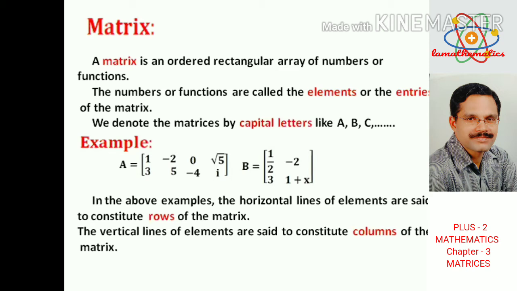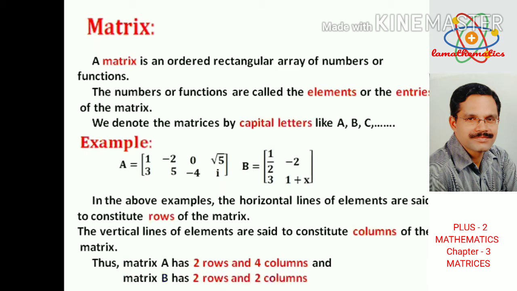Horizontal lines of elements are said to constitute rows of the matrix. അതുപോലെ തന്നെ A എന്ന മാട്രിക്സിലെ തന്നെ 1, 3 അല്ലെങ്കിൽ രണ്ടാമത്തെ മാട്രിക്സ് ആണെങ്കിൽ 1 by 2, 3. അങ്ങനെ വരുന്ന vertical lines of elements are said to constitute columns of the matrix. Thus matrix capital A has 2 rows and 4 columns, and matrix capital B has 2 rows and 2 columns.